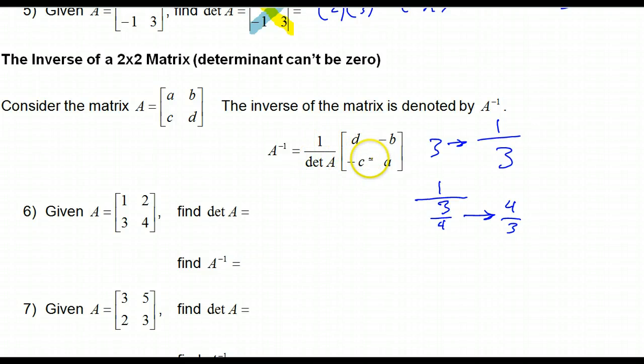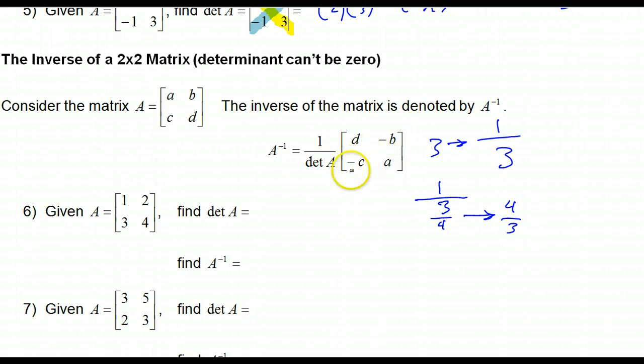Now, after that, let's see what's happening. You see the C and the B along the up diagonal here? The C and the B stay where they are, but they are negated. They're the opposite of what they were. So if C were +3, now it'll be -3. If C were -3, now it would be +3.